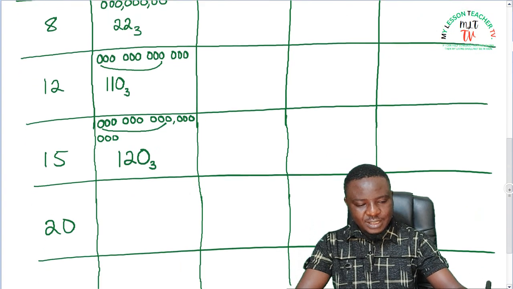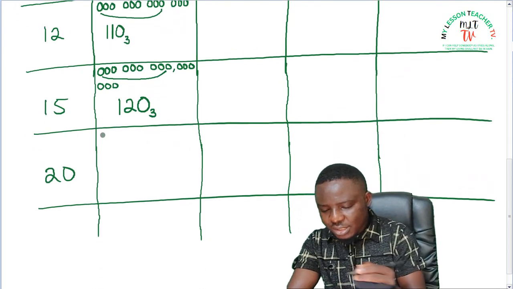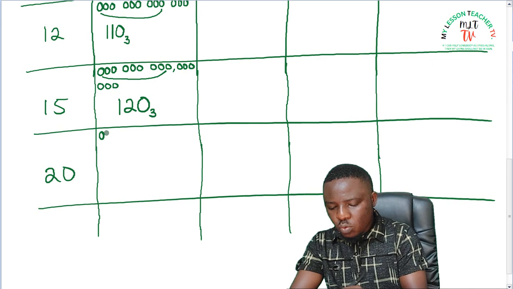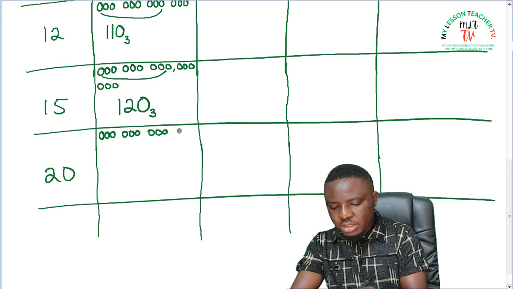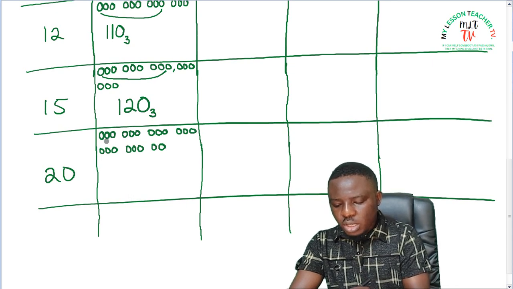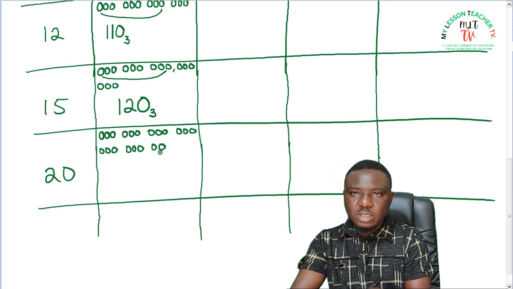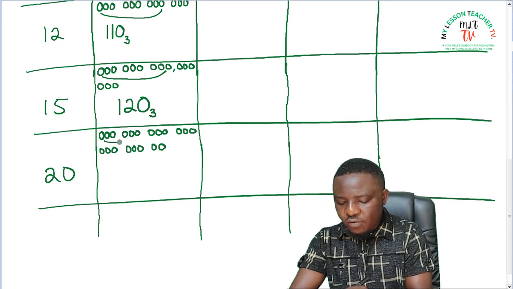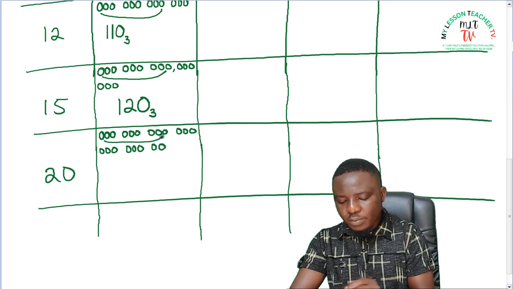20 can be written as, let's group them in terms of 3s too. 1, 2, 3, 4, 5, 6, 7, 8, 9, 10, 11, 12, 13, 14, 15, 16, 17, 18, 19, 20. So in terms of 3s, they are all grouped in 3s. Only 1 is in 2s. So in terms of 3s, we have 1.